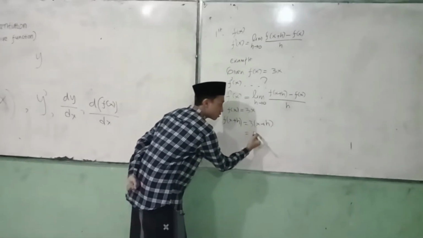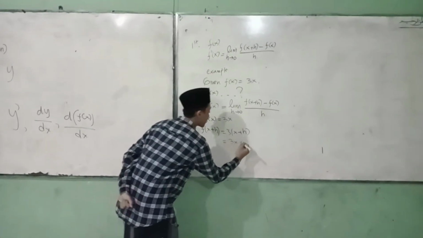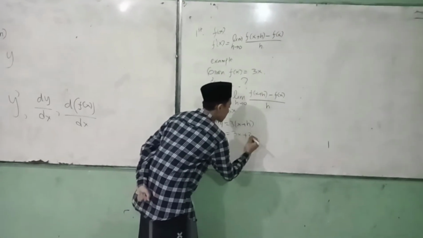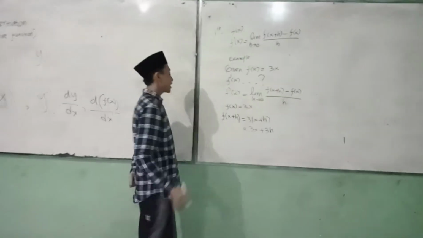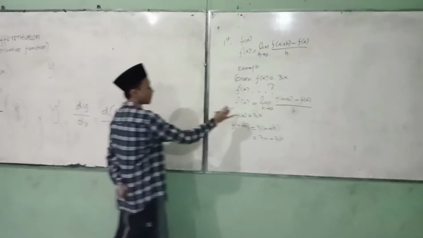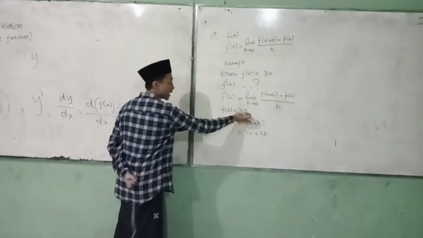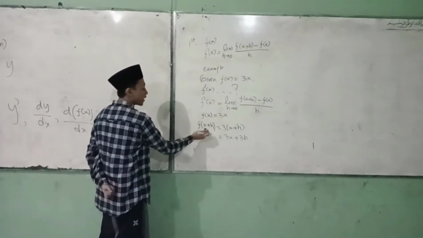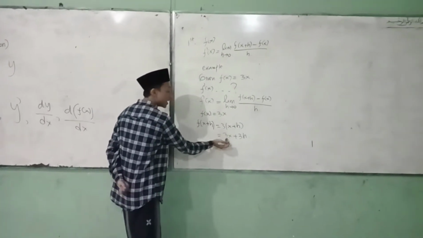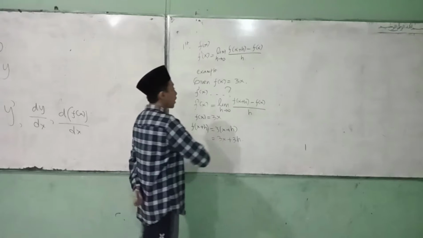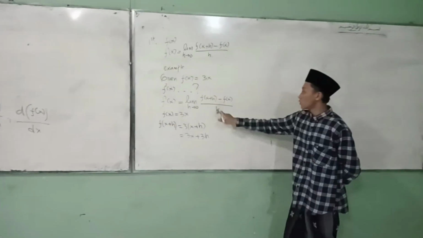Okay, so we have f of x plus h, and then we have 3 times x plus h, which is equal to 3x plus 3h. We have f of x is equal to 3x, and f of x plus h is equal to 3x plus 3h, and then we substitute into this theorem.